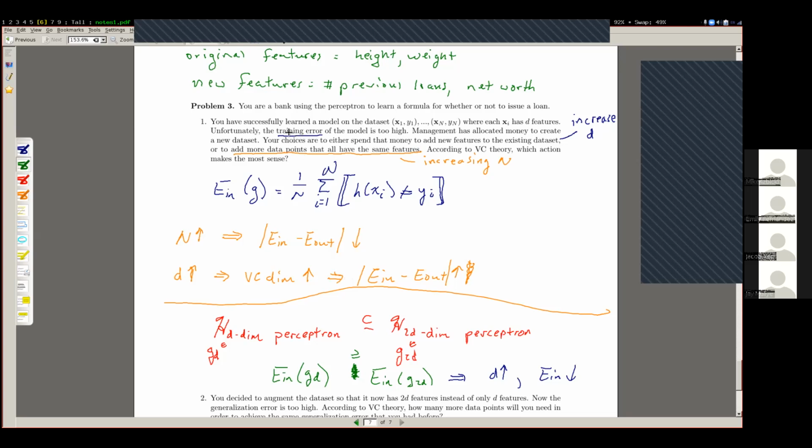If there's just one thing to take away, it's that adding more data points can't possibly decrease the training error. The only thing that the number of data points is going to affect is the generalization error.